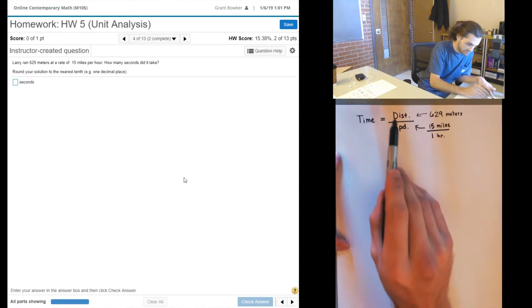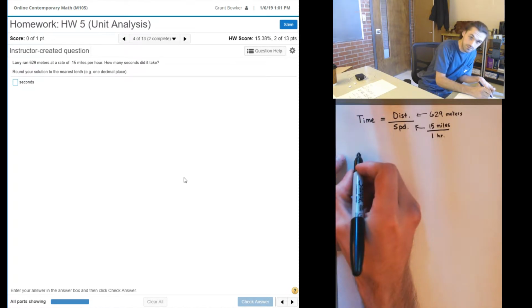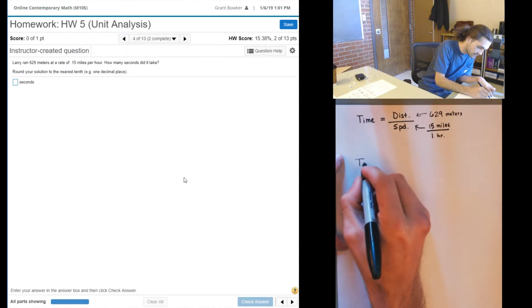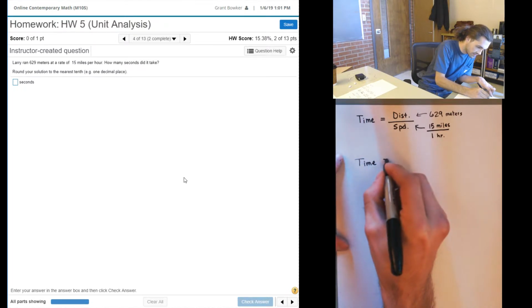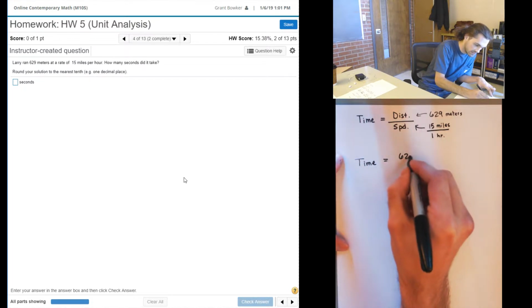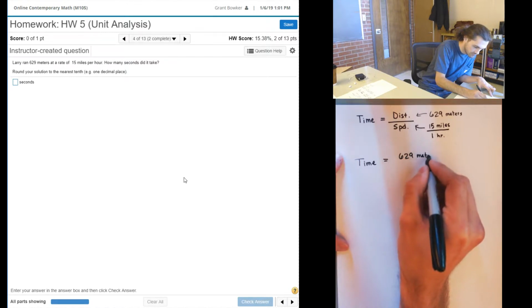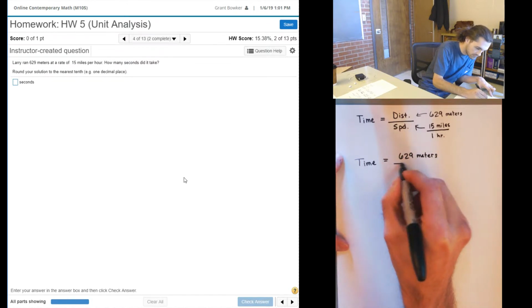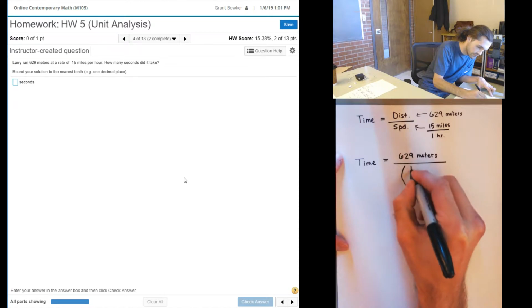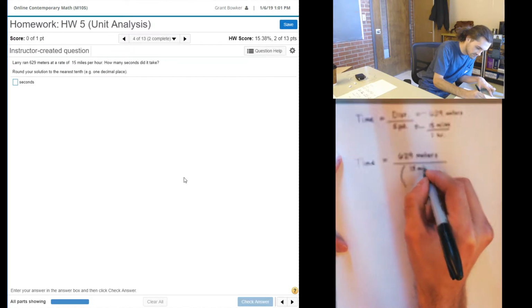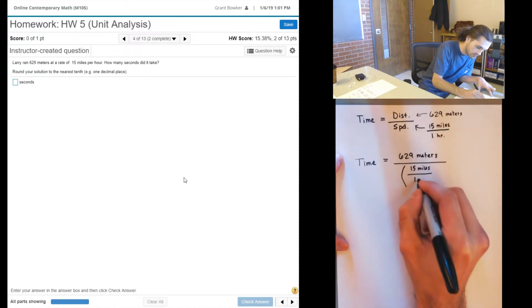So let's go ahead and fill in this given information. Time is 629 meters divided by 15 miles per 1 hour.